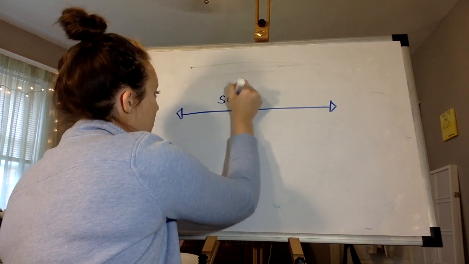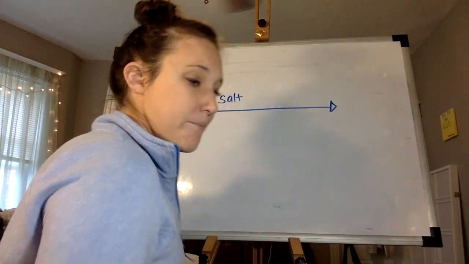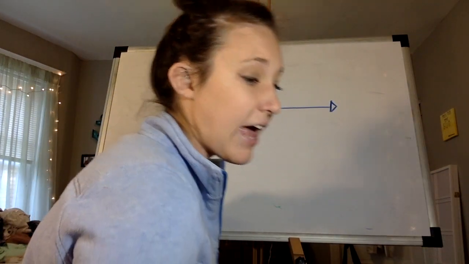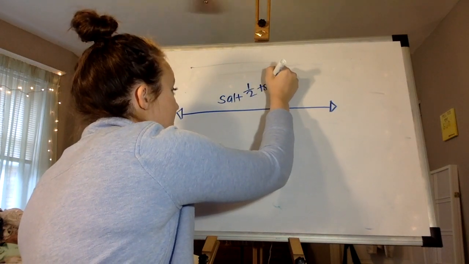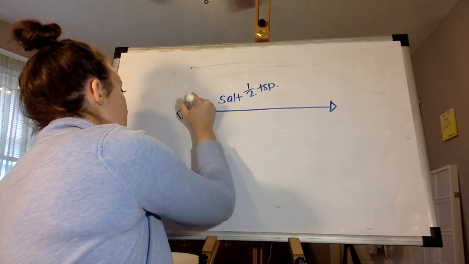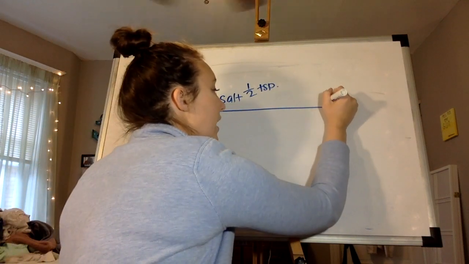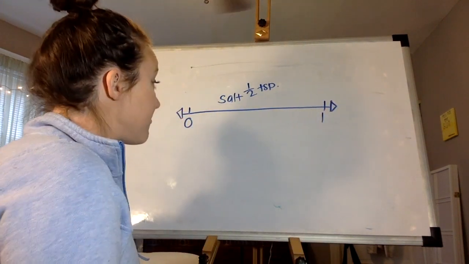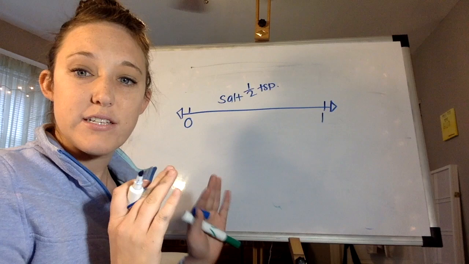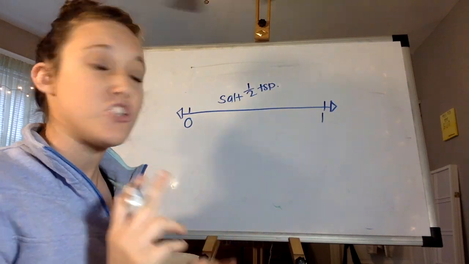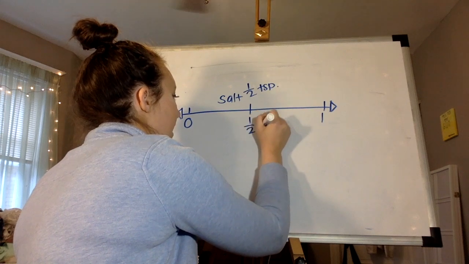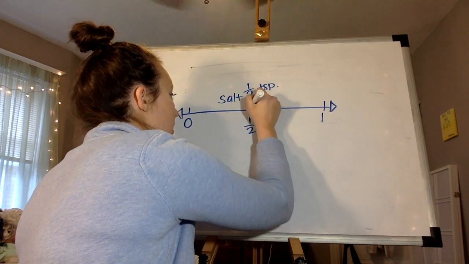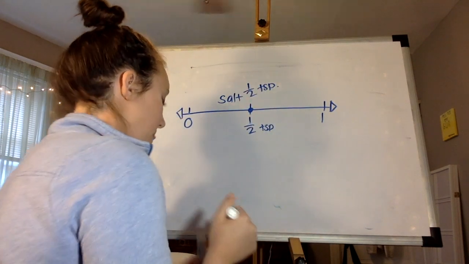So my blue is going to be the salt, and it looks like we need 1/2 teaspoon of salt. So I'm going to write 1/2 teaspoon. So just by knowing I need to plot 1/2, I need to divide my number line into 2 equal shares. So I've got 1/2 teaspoon, and I'll plot that point right there.